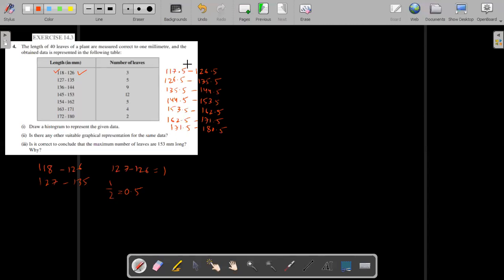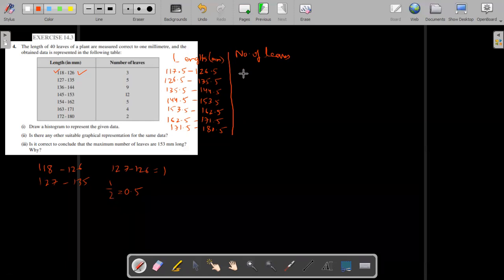And this is the length. Again we will have to draw the table: length in millimeters and number of leaves of plant. The number of leaves will not change. It will be the same: the first is 3, then 5, then 9, then 12, then 5, 4 and 2.